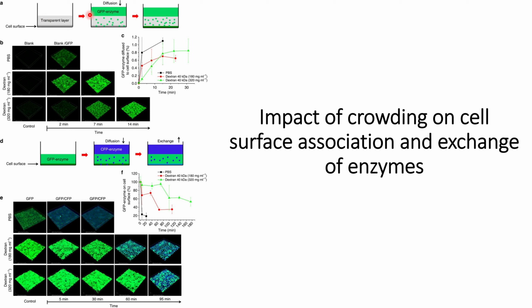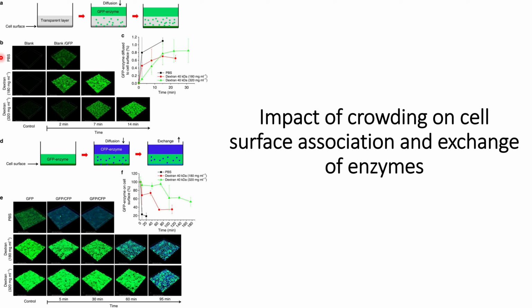Thereafter, they keep these GFP fluorescent enzymes on this transparent layer, and then observe the fluorescence at different time intervals to check the diffusion rate. This is the first experiment they designed in order to understand the impact of crowding on cell surface association.